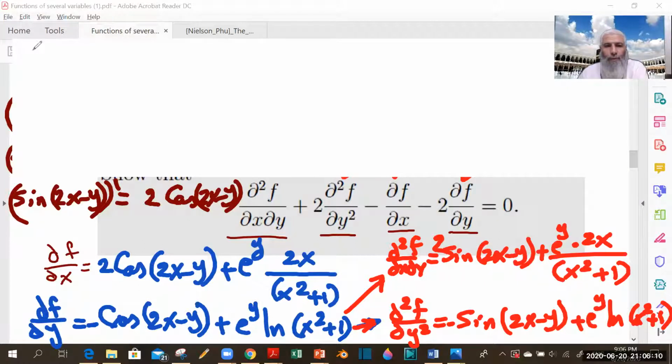This one: 2 sine(2x minus y) plus e^y multiplied by 2x divided by x squared plus 1.